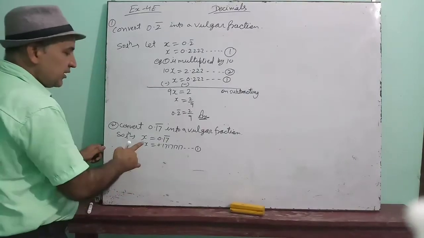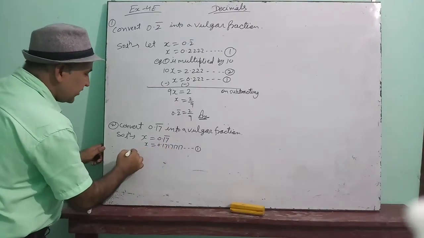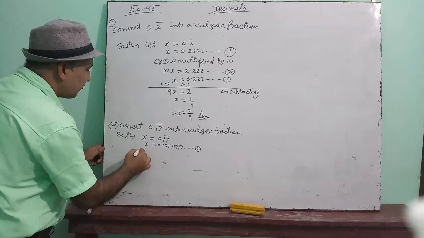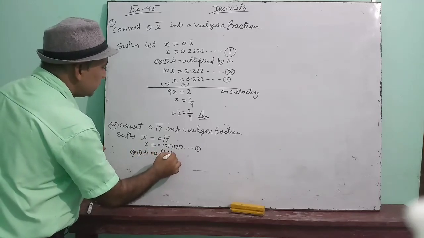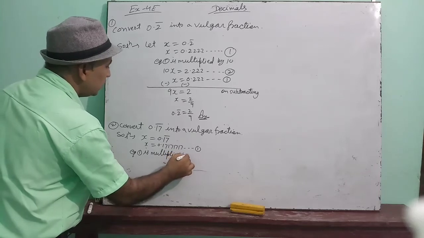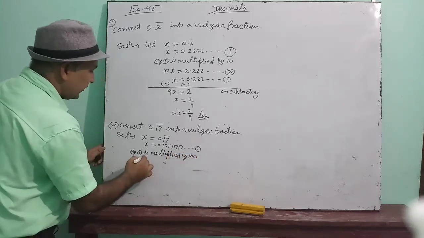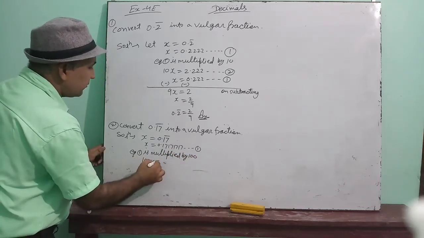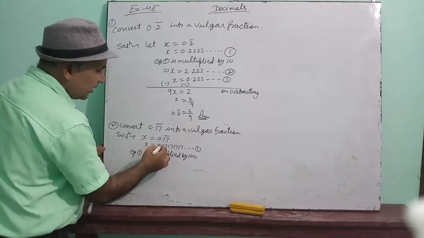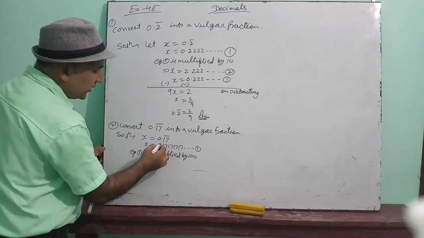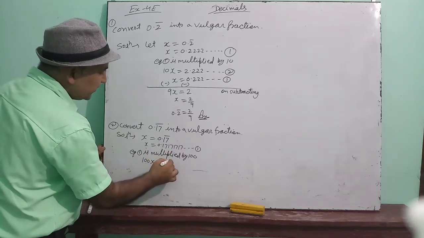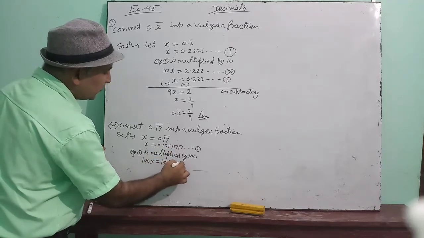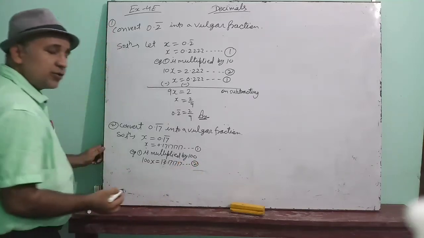Now we will see 2 digits are repeating, so equation 1 will be multiplied by 100. Left hand side will become 100x, and when 100 is multiplied in a decimal number, decimal shifts 2 digits to the right hand side, so it will become 17.1717. This is equation 2.